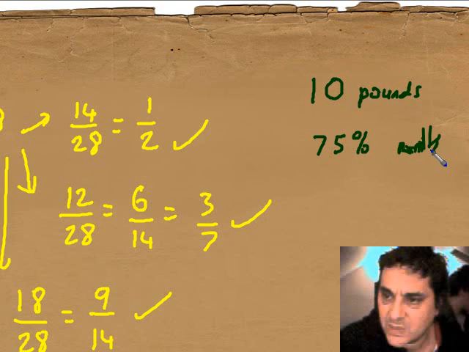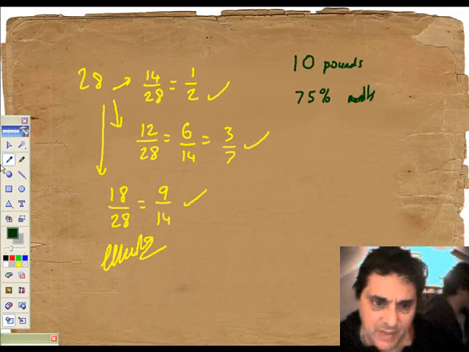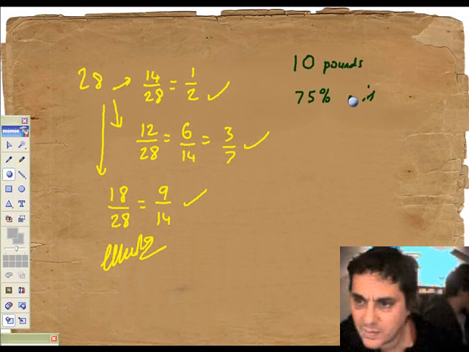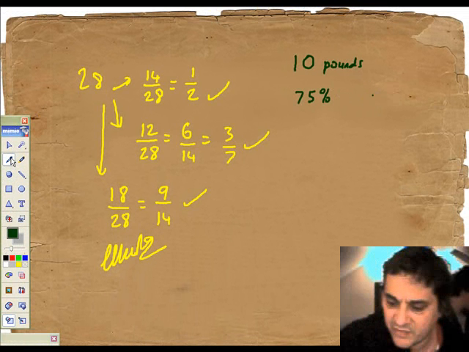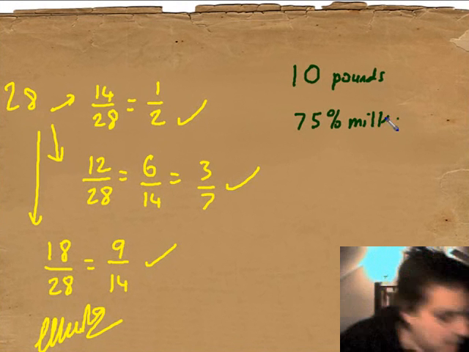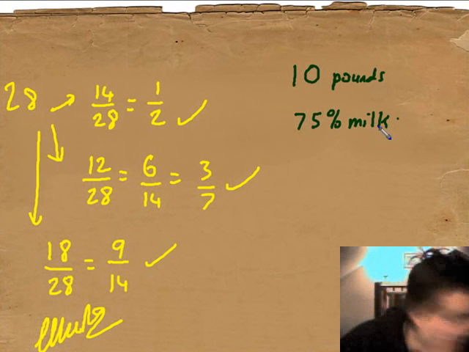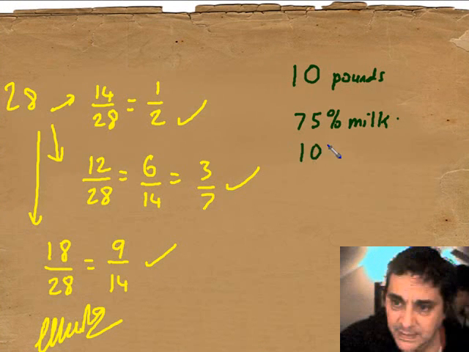Oh, come out all laggy. So let me rub it out and do that bit again. So we got 75% is going to be milk, and then we have 10% is white chocolate, like Milky Way, so that's white chocolate.